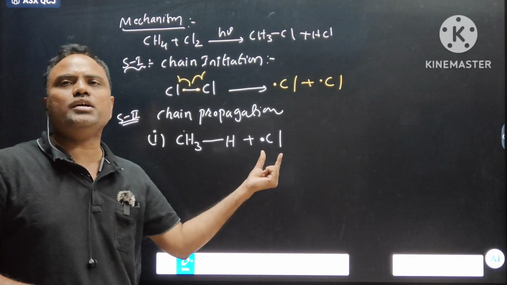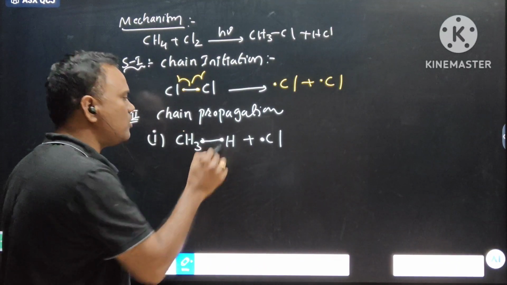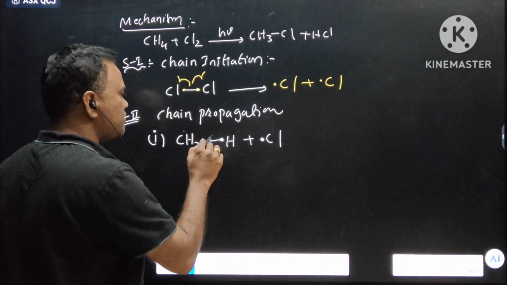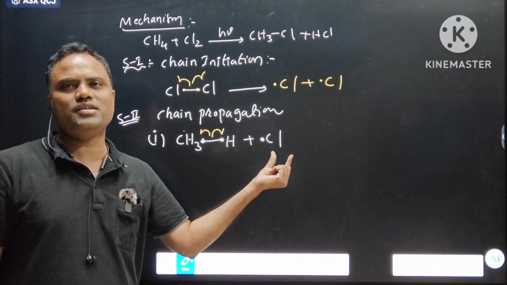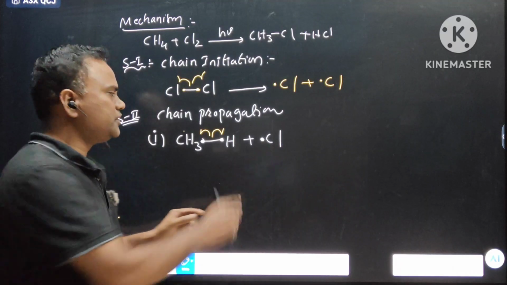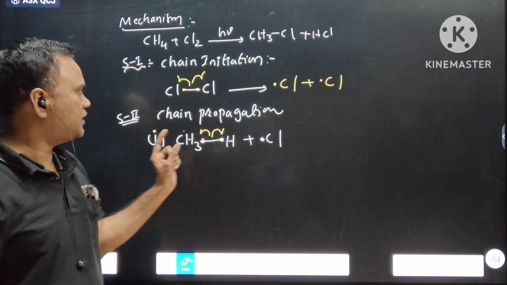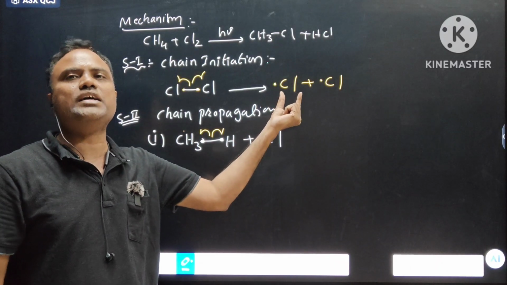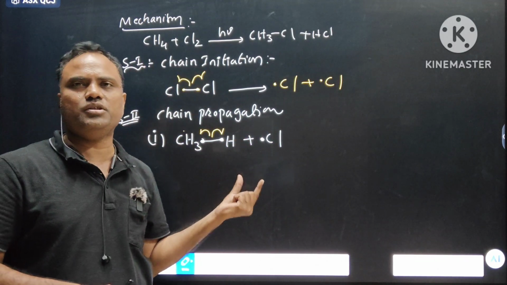See, this radical encourages this carbon hydrogen bond to cleave homolytically. What is the driving force for this bond cleaving homolytically? Because of this radical. In propagation step 1, the halogen radical formed in the initiation step reacts with methane.